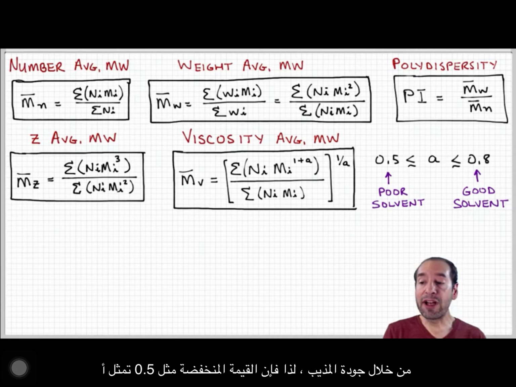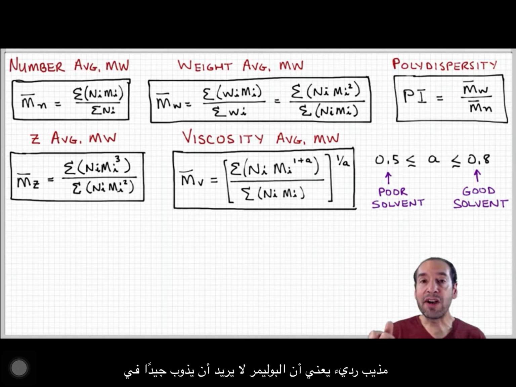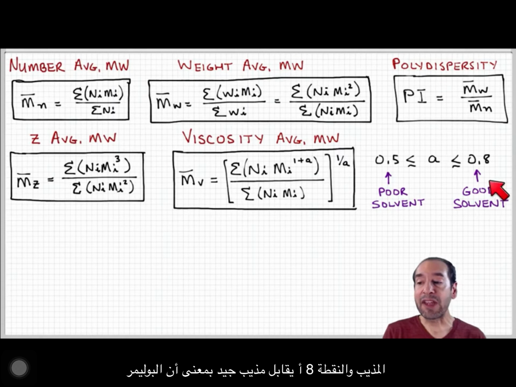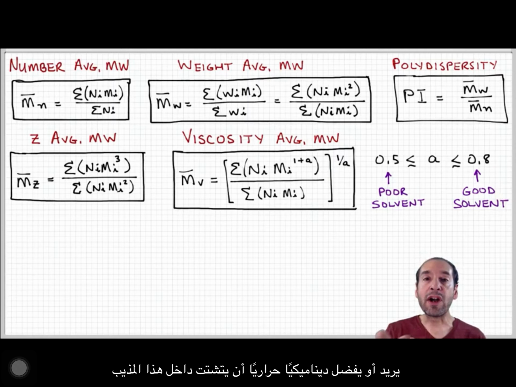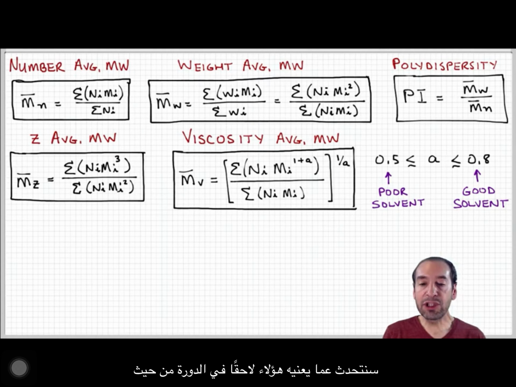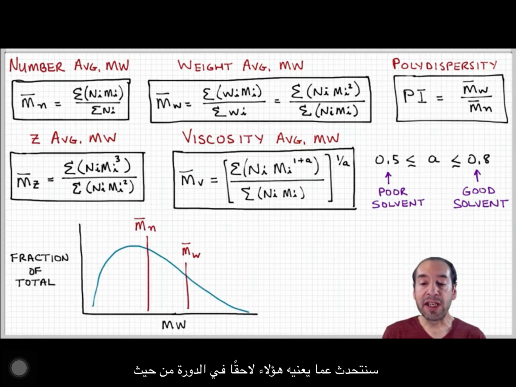So a low value like 0.5 is representative of a poor solvent, meaning that the polymer doesn't want to dissolve well in the solvent. And 0.8 corresponds to a good solvent, meaning that the polymer is thermodynamically favored to disperse within that solvent. We'll talk about what those mean later on in the course.